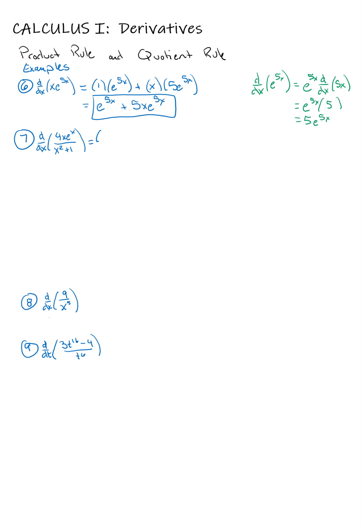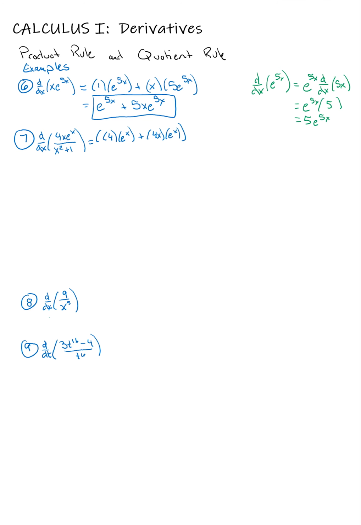So product rule says we'll take the derivative of the first, well again that first piece is 4x, the derivative is just 4, times the second, which is e to the x, plus the first, which is 4x, times the derivative of the second, well the derivative of e to the x is just e to the x.